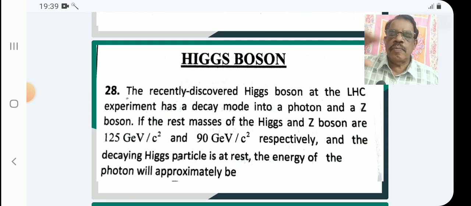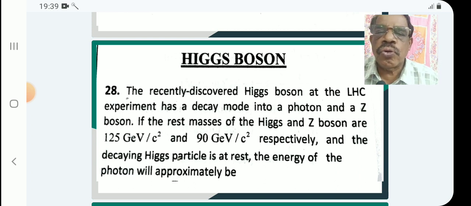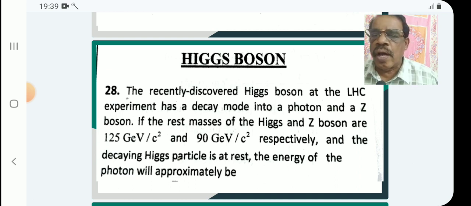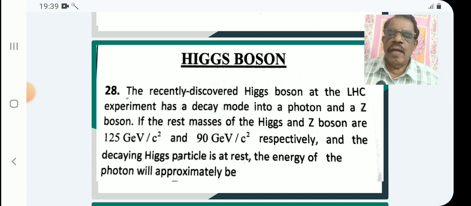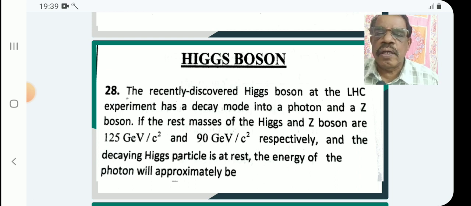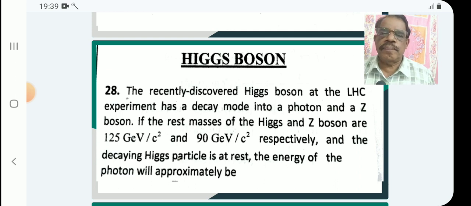Now comes a question based on the Higgs boson. The recently discovered Higgs boson at the LHC, the Large Hadron Collider, has a decay mode into a photon and a Z boson.